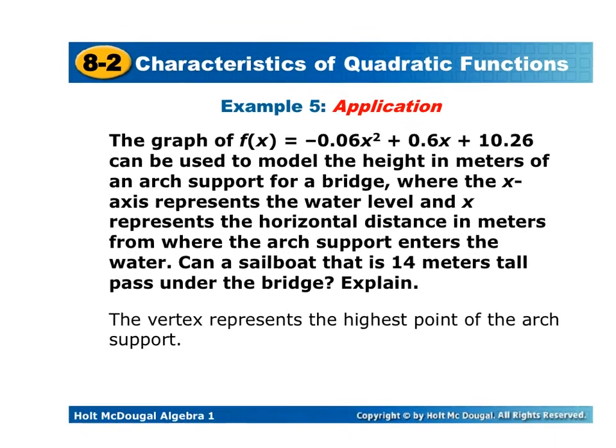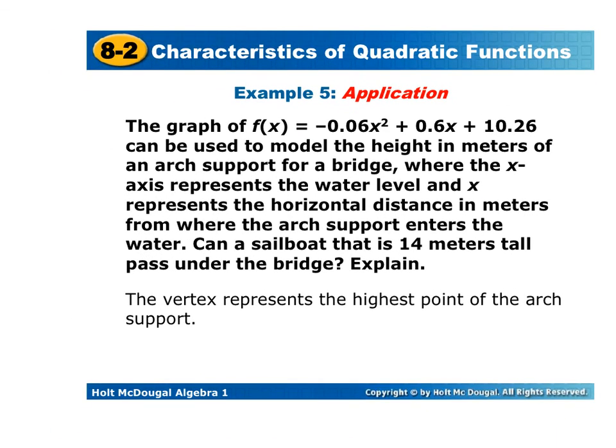Here is an application. It says the graph that's listed there can be used to model the height in meters of an arch support for a bridge, where the x-axis represents the water level and x represents the horizontal distance in meters from where the arch support enters the water. Can a sailboat that is 14 meters tall pass under the bridge?